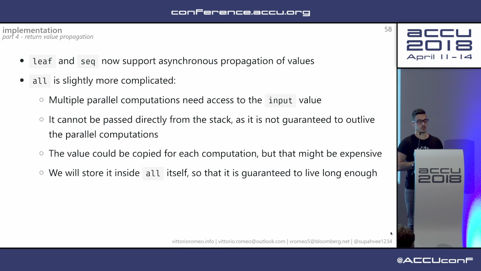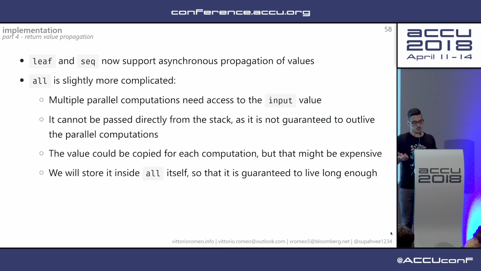All is a little bit more complicated. So multiple parallel continuations need access to the input at the same time. Because if all is getting an input, you will have multiple parallel computations that are reading the same input. And you cannot really pass it directly when you're calling execute, because the stack frame of the execute call for all might be removed while the computations are still going forward, because they are executed asynchronously.